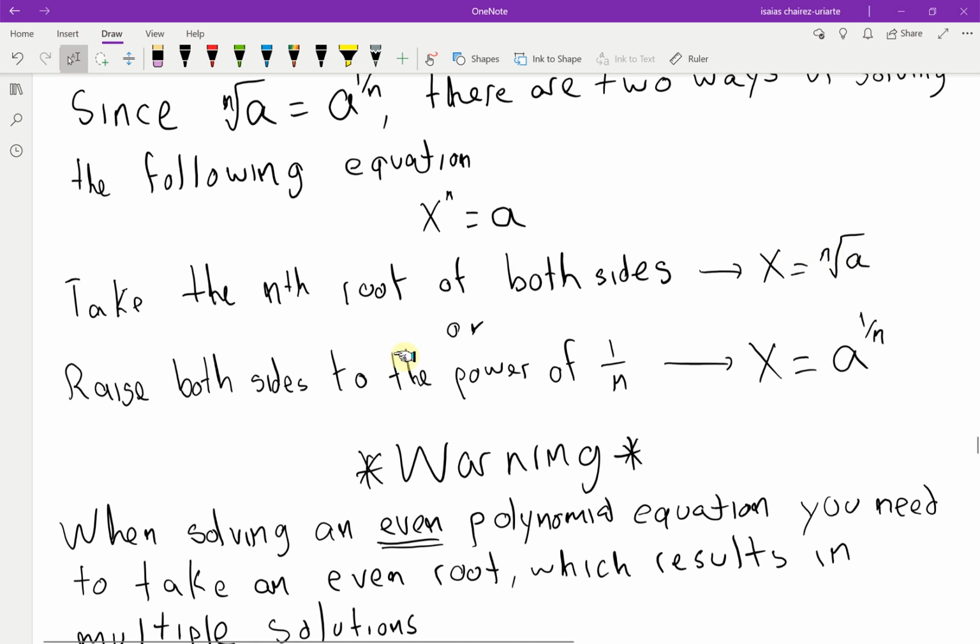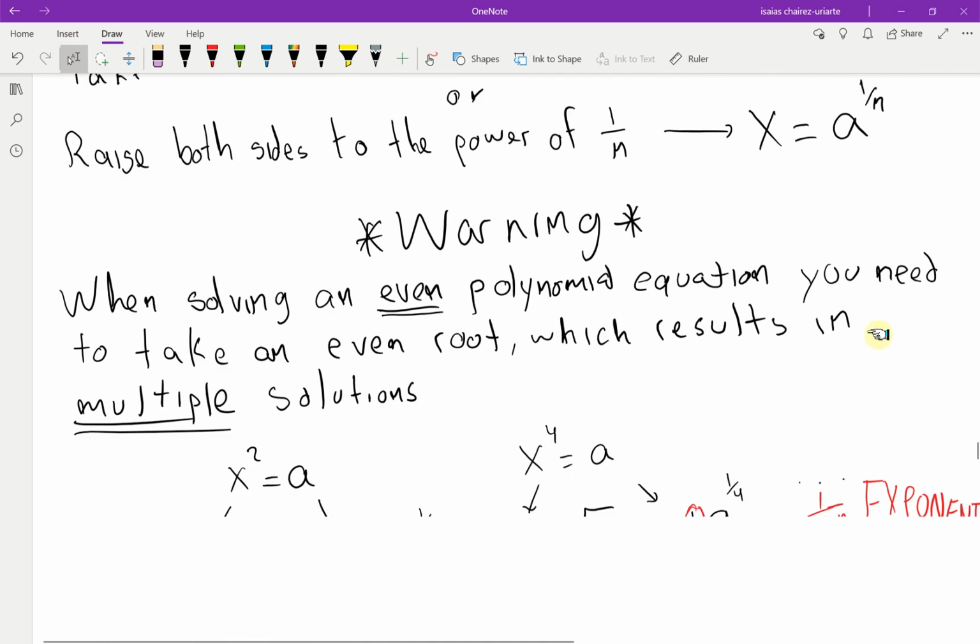Another way is to raise both sides of this equation to the 1 over n, the reciprocal of this exponent, and that says x is equal to a to the 1 over n. It's the same thing. Taking an nth root and raising to the power of 1 over n is the same thing. And so here's a warning.